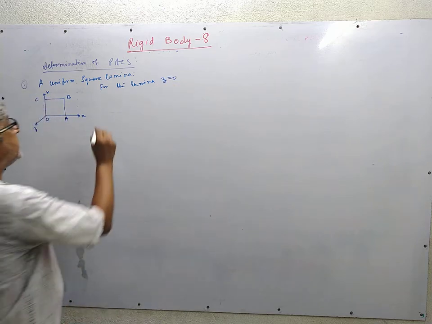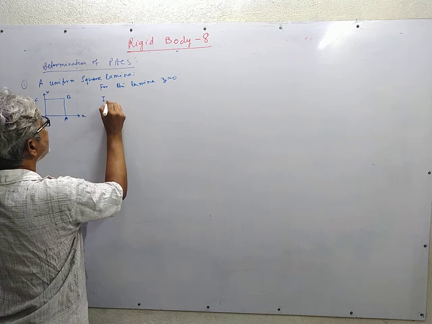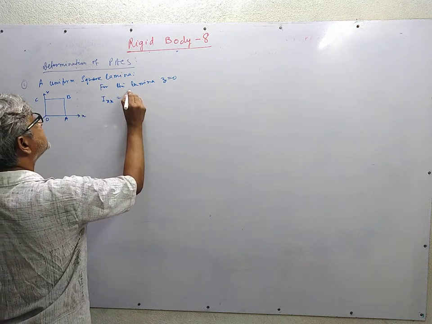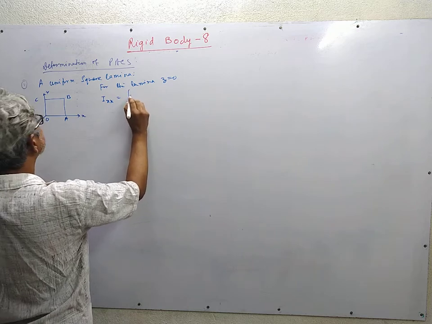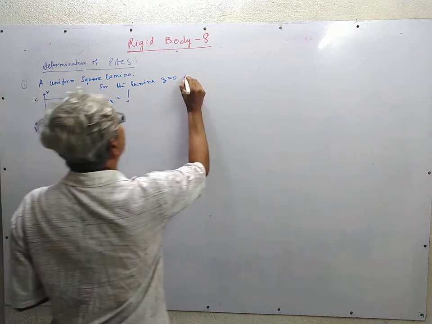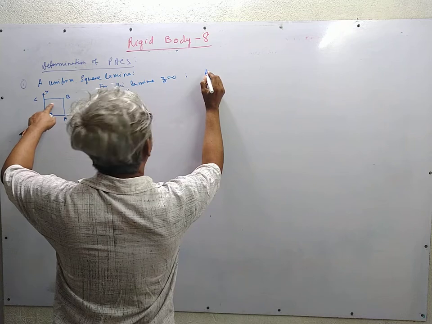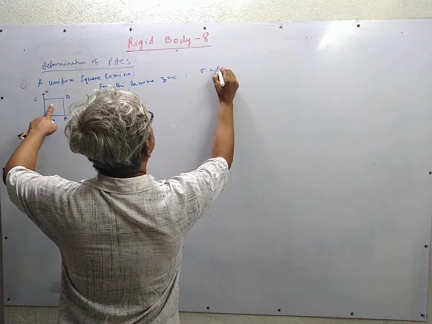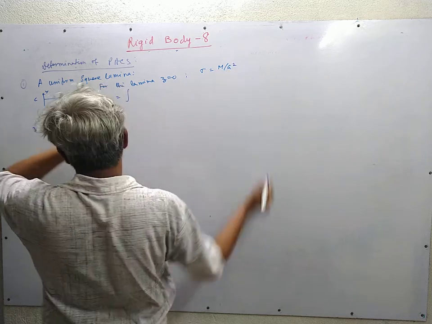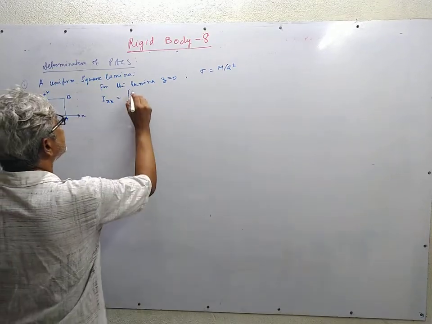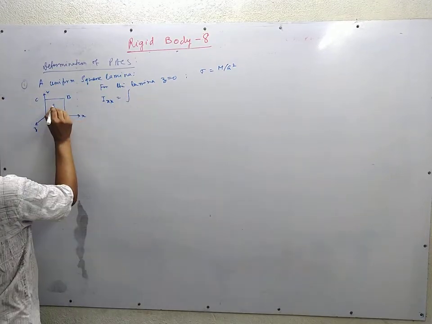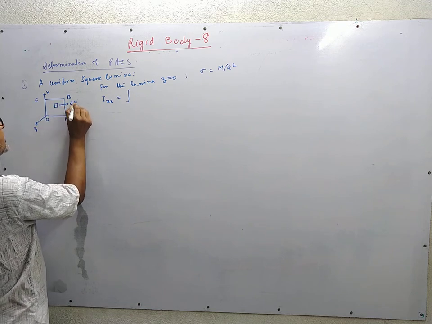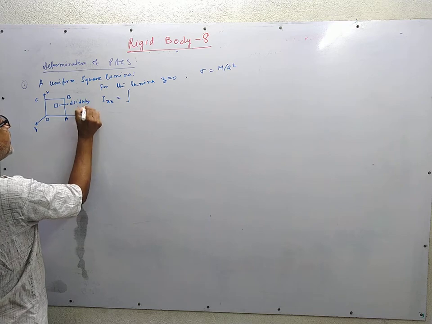So what is Ixx? Originally this was a surface integration. If m is the mass, then the surface density sigma is mass upon a square. So this is the integration over ds, where ds is a small surface element, which is dx dy.